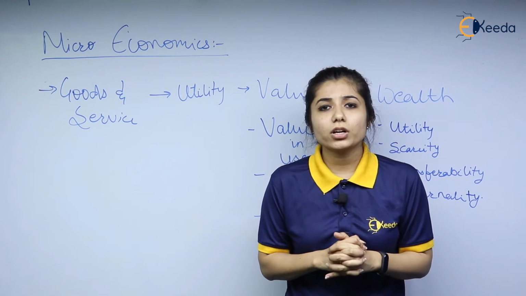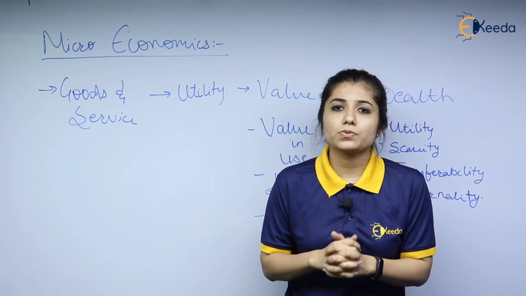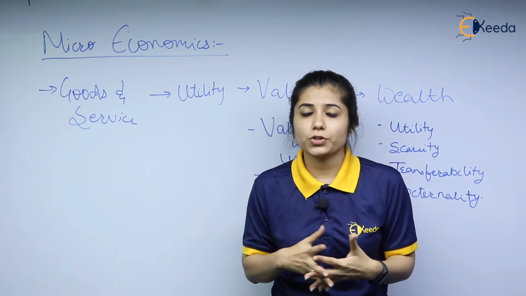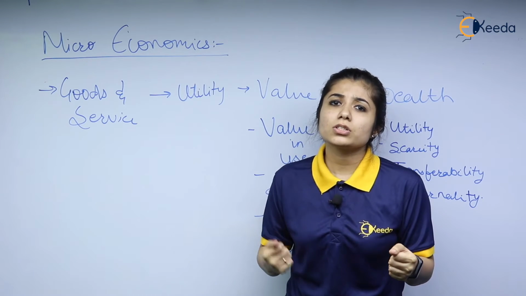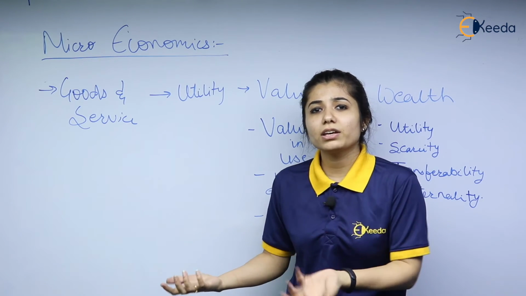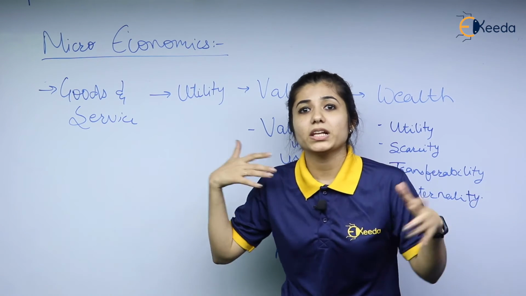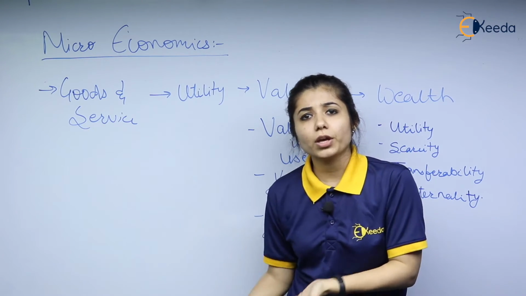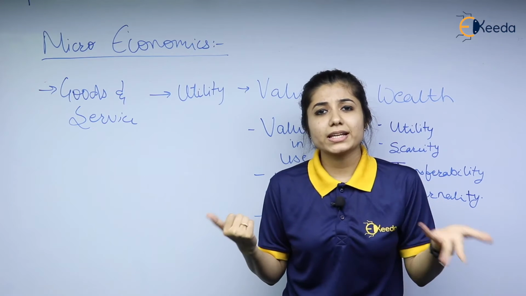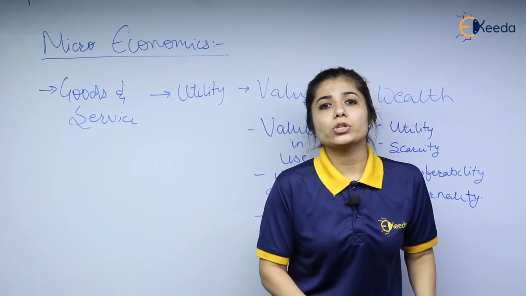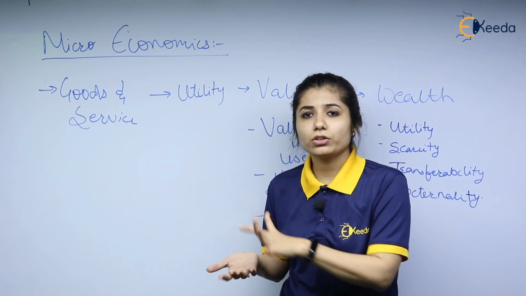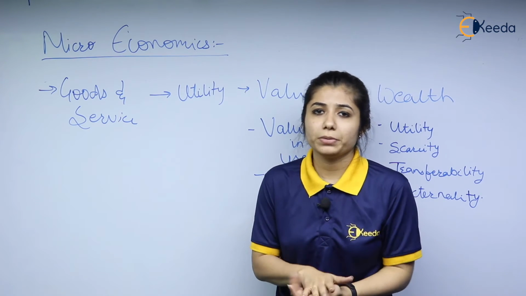When I speak about transferability, there are two types: physical transferability and notional transferability. When I transfer certain goods, like I am selling bottles, I am selling clothes, and somebody pays money to me, I actually give them goods. But if I sell land, do I pick up my land and give it to somebody else? No. We just sign on the papers, and the land now belongs to somebody else.